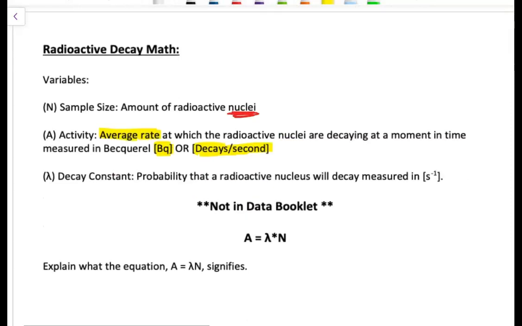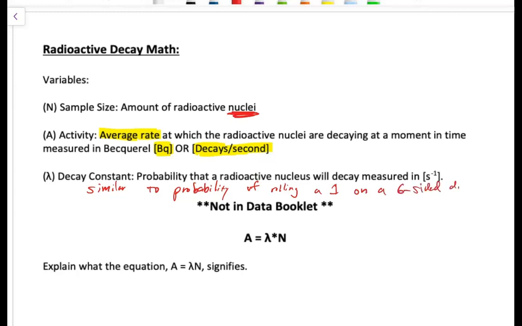Decay constant is the probability that a radioactive nucleus will decay, measured in inverse seconds. And this is similar to the probability of rolling a 1 on a 6-sided die.